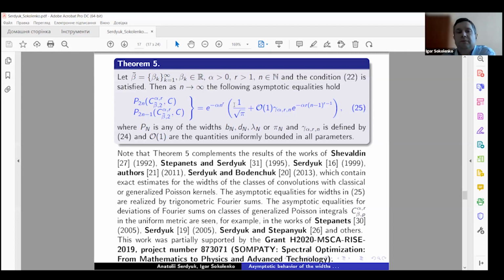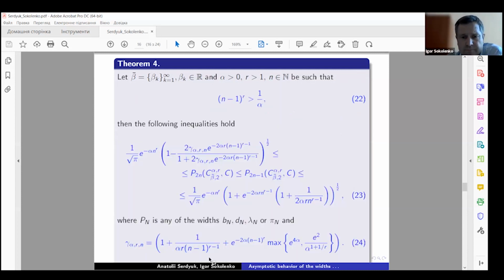This asymptotic has the main term, 1 divided by the square root of p, and a second term O of 1. This value is uniformly bounded in all parameters alpha, a, beta, and gamma alpha rn is defined by this formula. Here, if we have the condition 10 to 2, this is equal to 1.